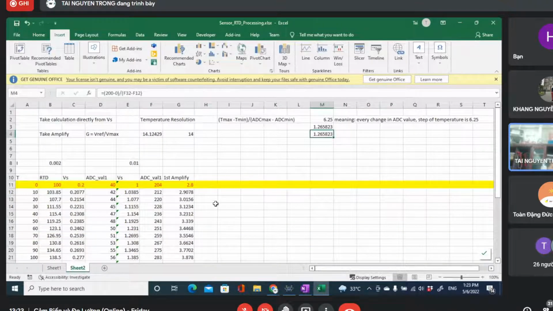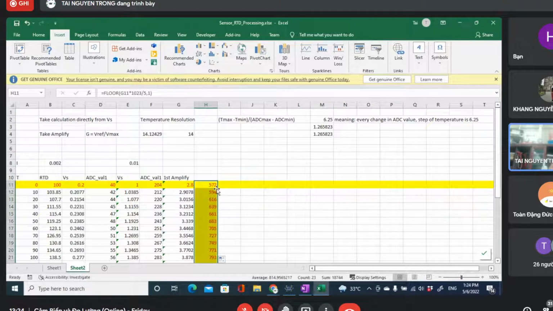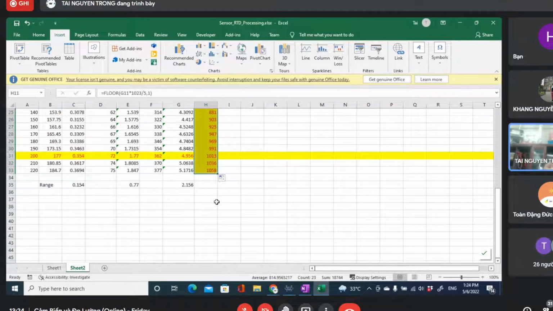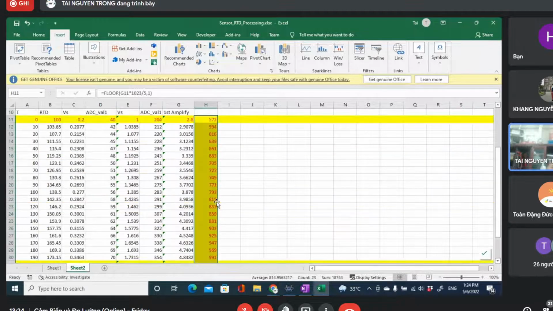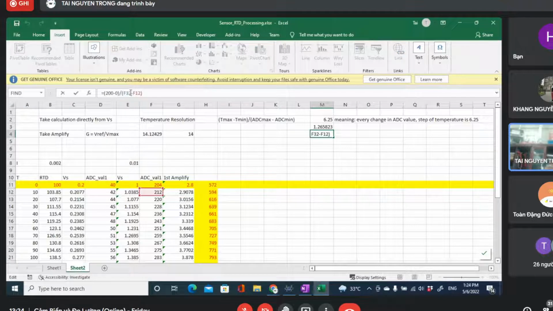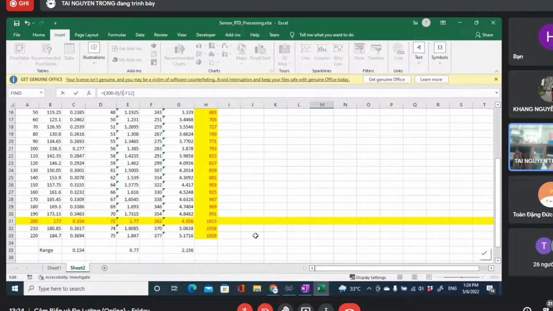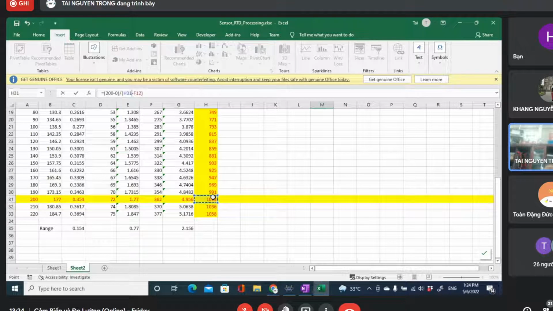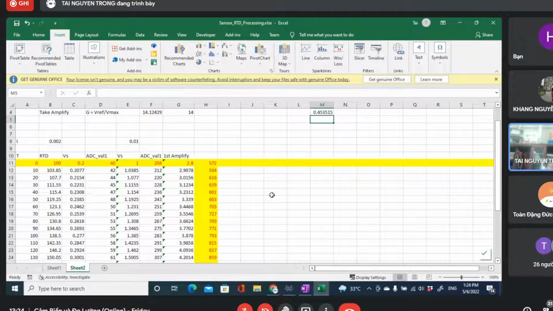Okay, let me take the ADC first. Okay, the ADC value in this case will be the maximum value minus the minimum value.